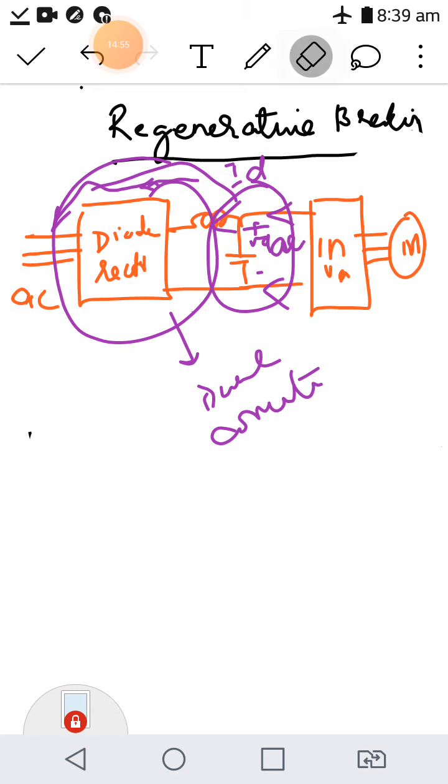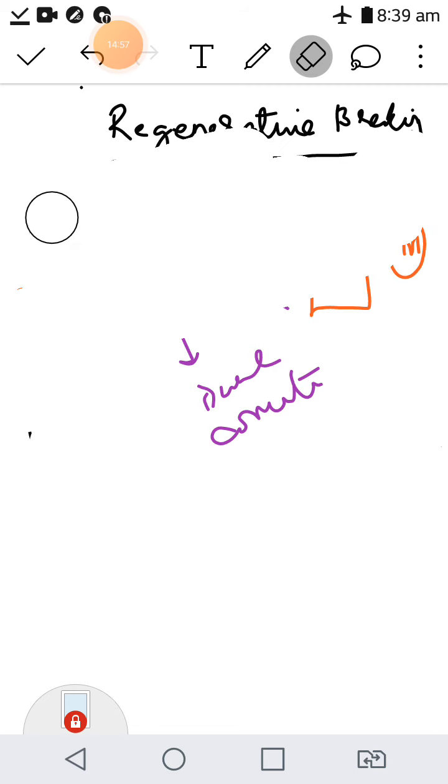But this dual converter arrangement nowadays... Another type of arrangement, that is a recent drive, uses a device called synchronous link converter, SLC, because it takes sinusoidal current at unity power factor from AC source.